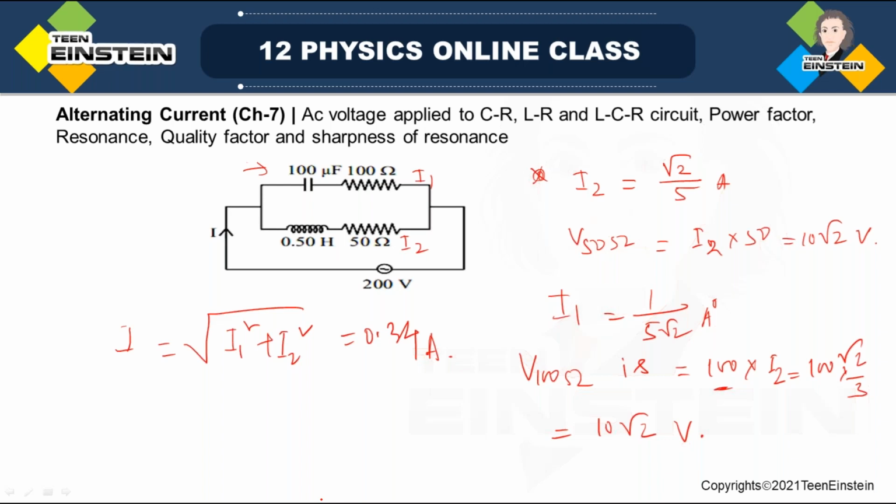The phase difference will be 90 degrees because this is an LR circuit and this is a CR circuit.